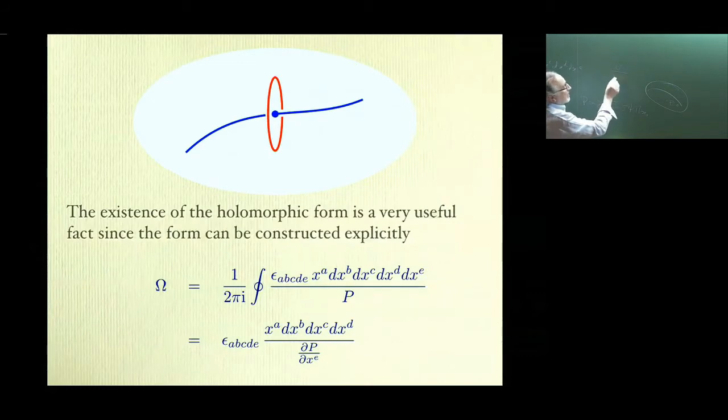We take sigma, we divide by P, and now, of course, P of lambda x is also lambda to the 5th P of x.